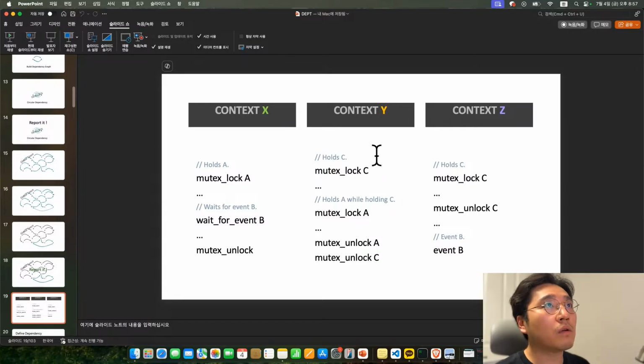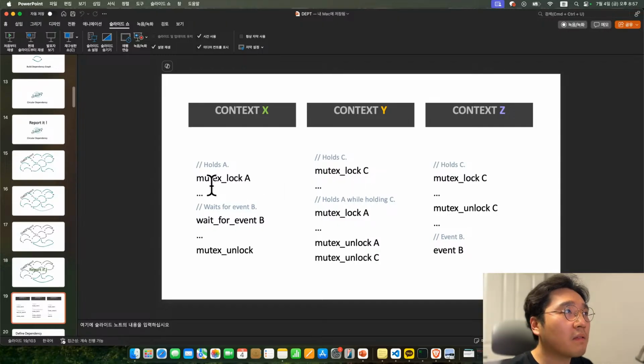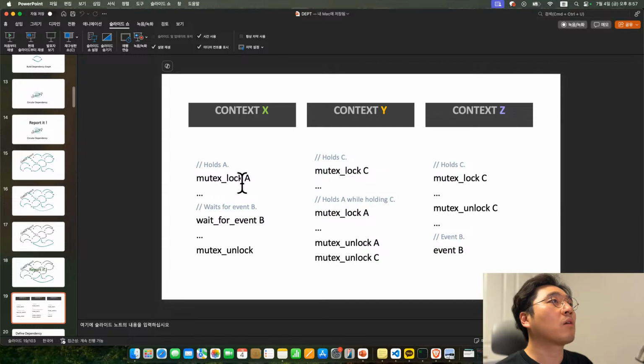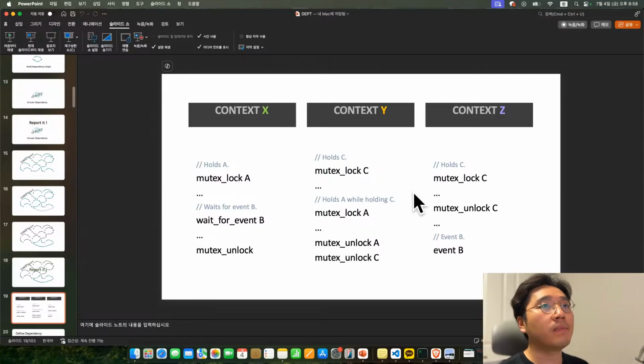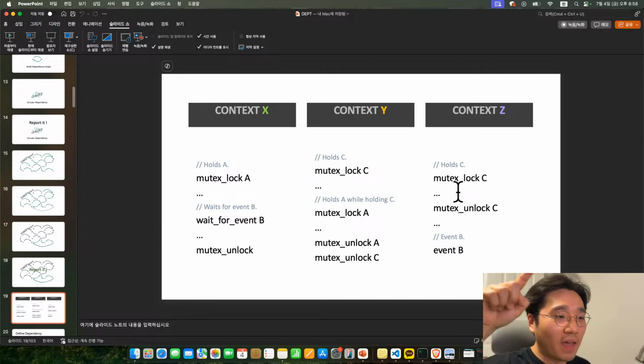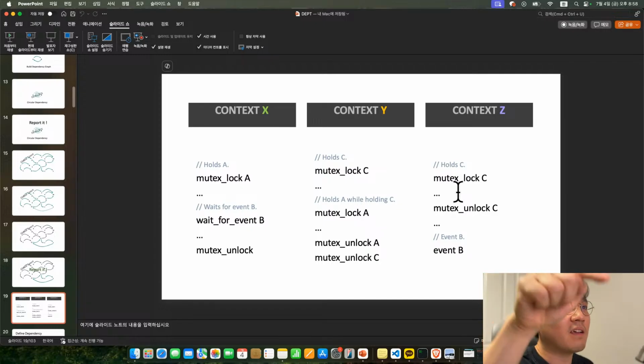Context Y holds the lock C, and after a small gap, context X executes and holds the lock A, and context Z holds the lock C. This is the time domain of the contexts.